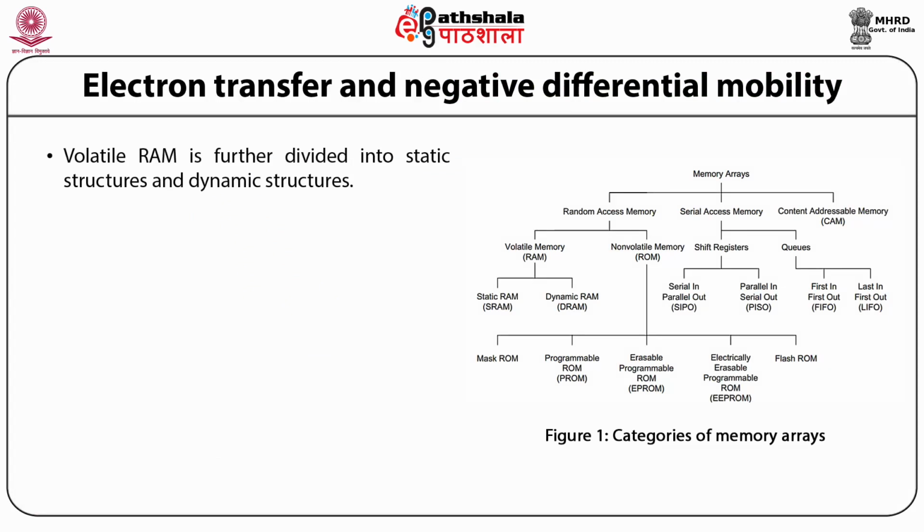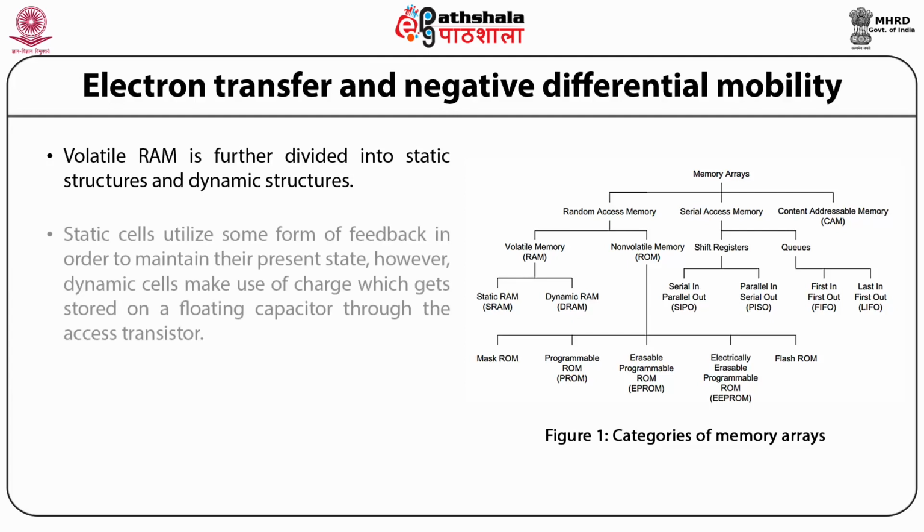Volatile RAM, as you can see in this figure, students, is further divided into static structures and dynamic structures. Static cells utilize some form of feedback in order to maintain their present state. However, dynamic cells make use of charge which gets stored on a floating capacitor through the access transistor.